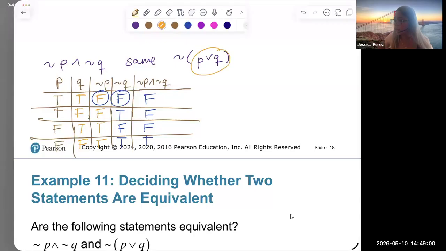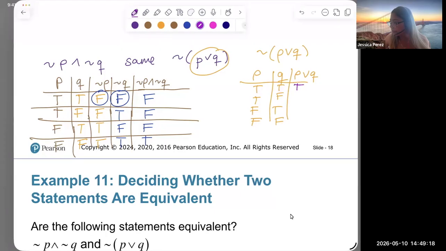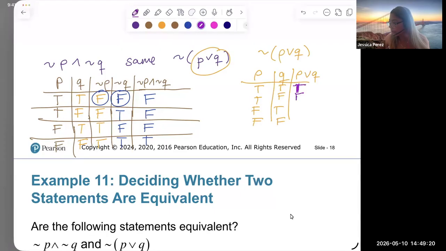Now let's look at the or statement. So we're negating the statement P or Q. Well, let's look at P, Q, and P or Q. We know this is T, T, F, F, T, F, T, F. Then for or, this one's true, this one's true, this one's true, and the last one is false.